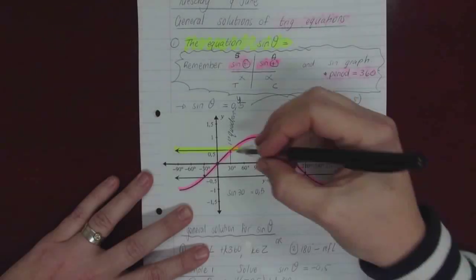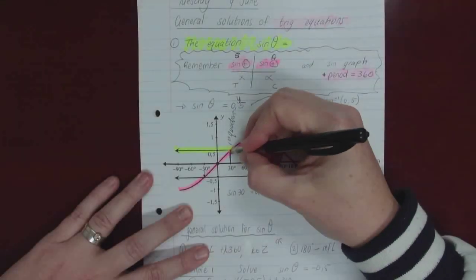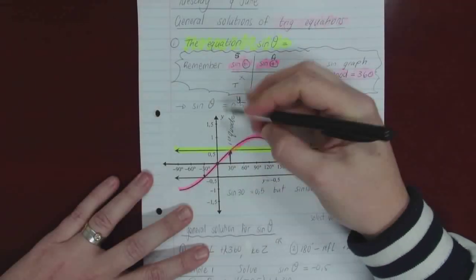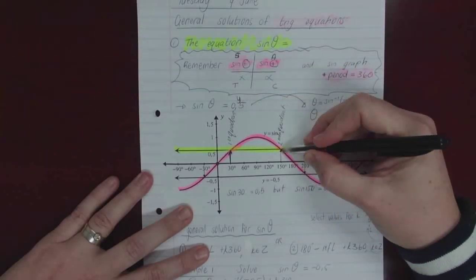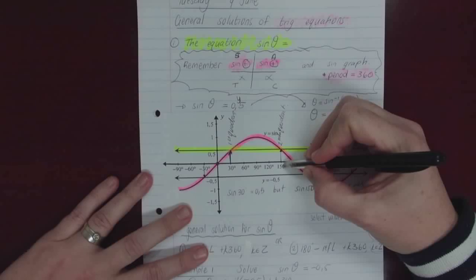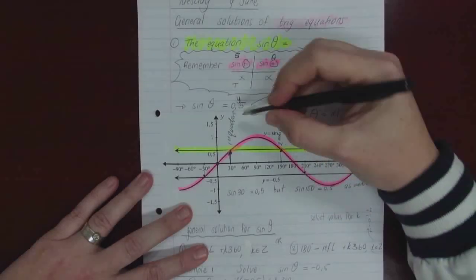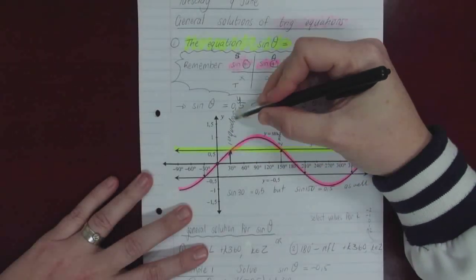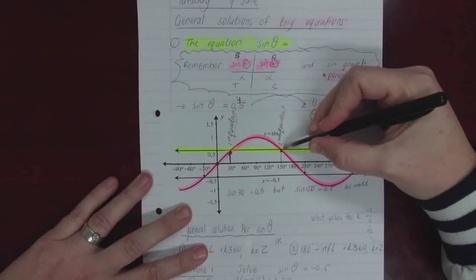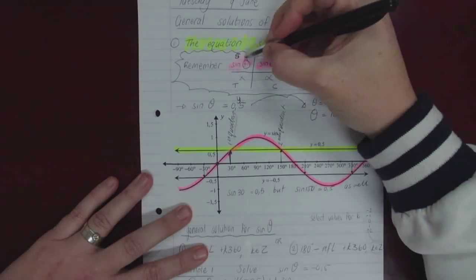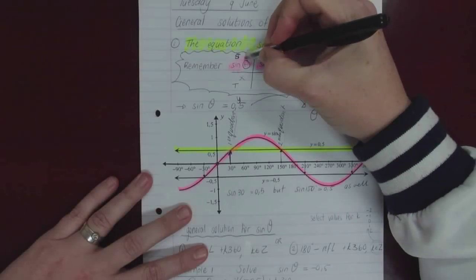So what do I notice? That at 30 degrees, they are equal. That's exactly what I wanted. I find the same at 150. So what does this mean? Sine of 30 is the one that I get in my first quadrant. Sine of 150 is the one I get in my second quadrant.